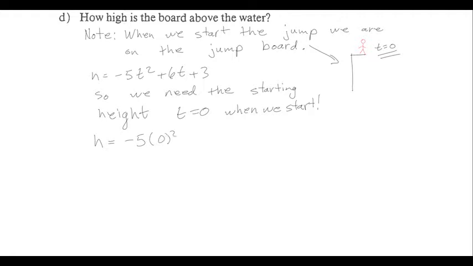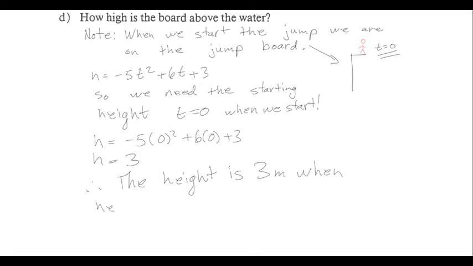Our final answer should be 3. And h is in meters, so we're going to say it's 3 meters. So therefore, the board is about 3 meters above the water. There you go. And that is when the time is 0, or when he's on the board. We're good.